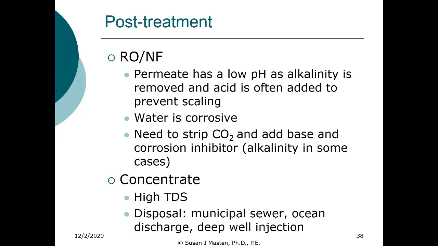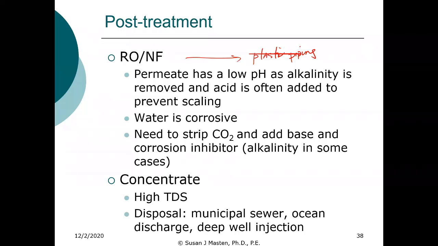You want to add alkalinity in many cases, and a corrosion inhibitor. Also, if you have an RO unit, for instance a below-the-sink RO unit at home, you want to use plastic piping. If we could be in the engineering building and go look at the RO system, you would see that the RO water is all transported through the building with plastic piping because of the challenges related to the corrosivity of that water.